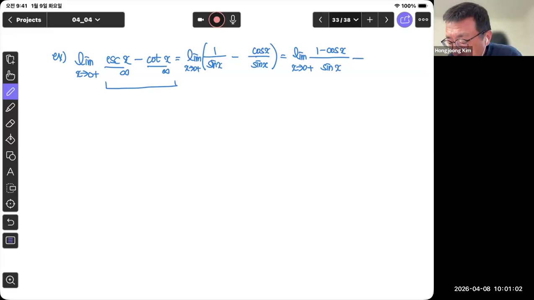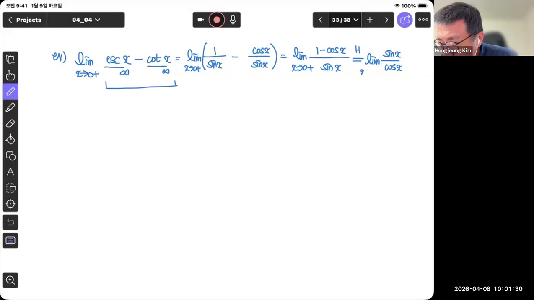So I can apply L'Hopital's rule, where the numerator and denominator are differentiated. So 1 minus cosine x is differentiated to sine x, and the denominator, sine x, is differentiated to cosine x.